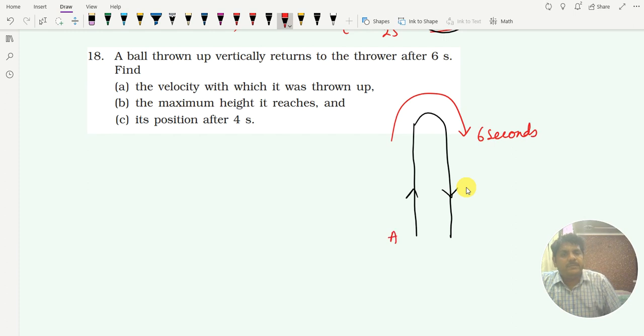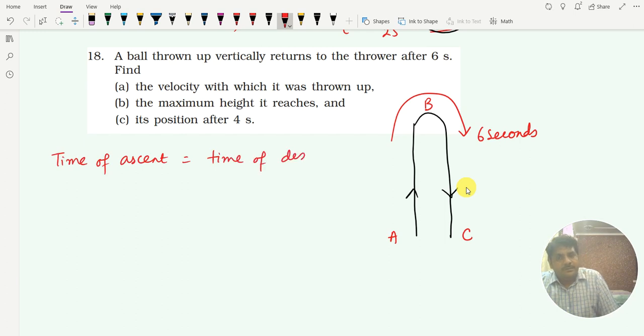तो अगर A to B जा रहा है और B to C आ रहा है, so what is the time taken by the stone to reach point B? Time of ascent, ये हमने पढ़ा था, याद करो, is equal to time of descent. We have already discussed this.